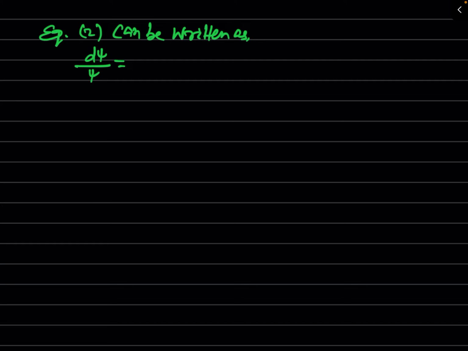This is minus C by i h bar. But as you know, 1 over i is equal to minus i. So this can be written as i over h bar C d phi.